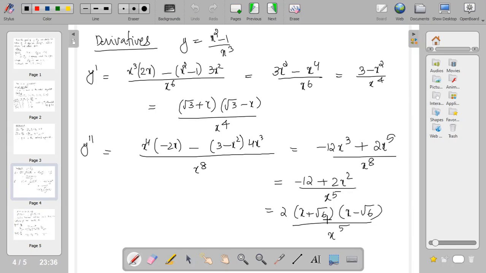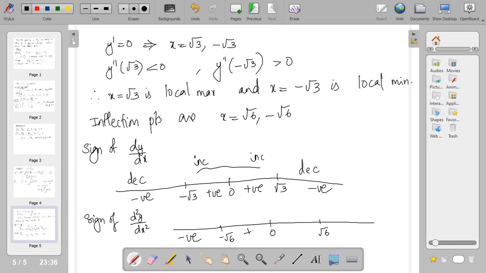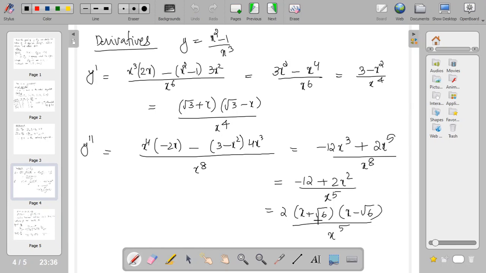When you take minus root 6 to 0, this will be positive, then negative and negative. So that is going to be positive here. And 0 to root 6 gives positive, negative and positive, so that is going to be negative again.